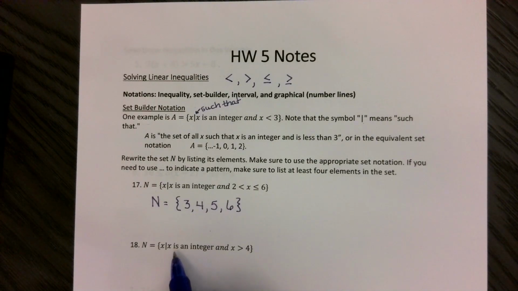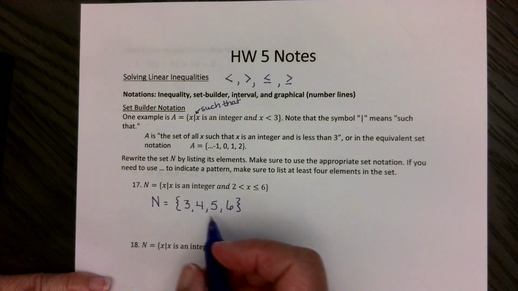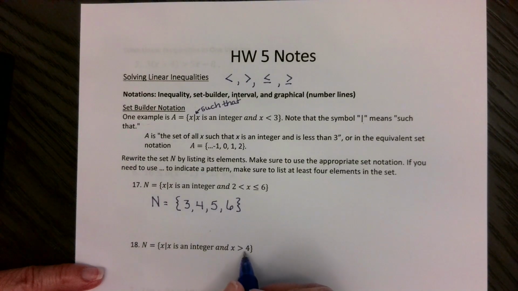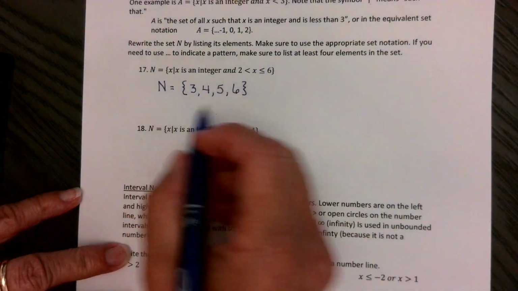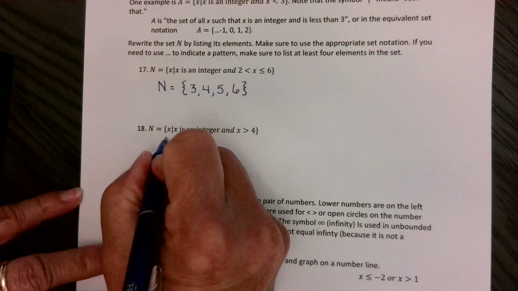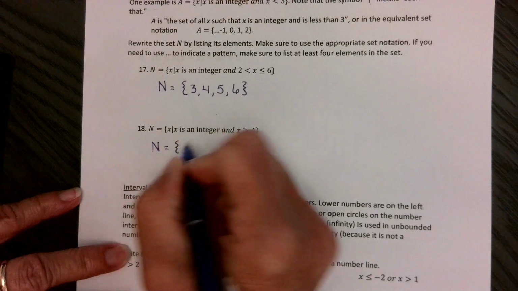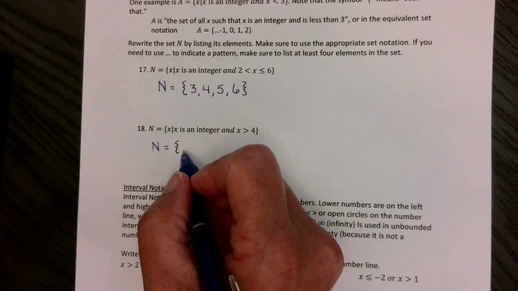This one right here. The set of all x, such that x is an integer and x is greater than 4. Okay, so on this, it's not equal to 4. So we got N is equal to, put these braces, the squiggly brackets, but they're called braces.